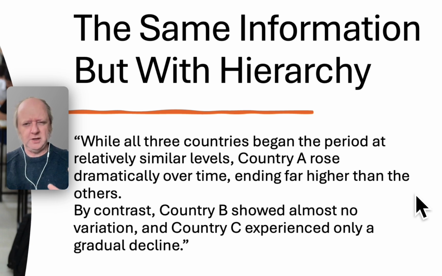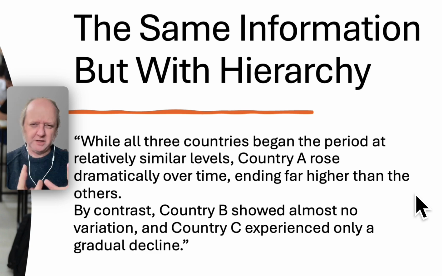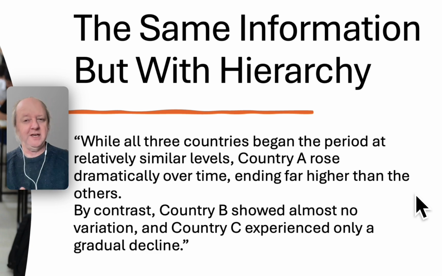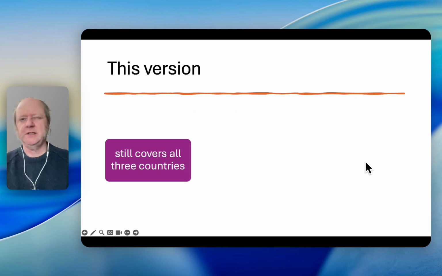So you've given relative importance and priority to the dramatic part, the big part of country A, and then you've mentioned the smaller data points after that. But most important is the key feature. That's what we see in this version.